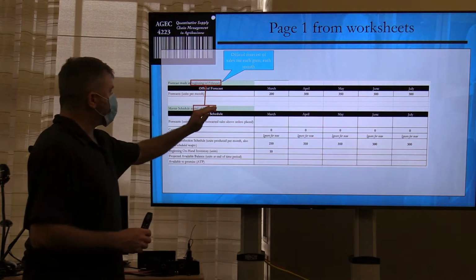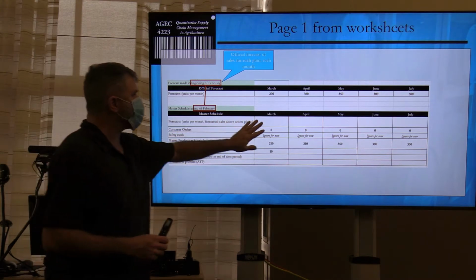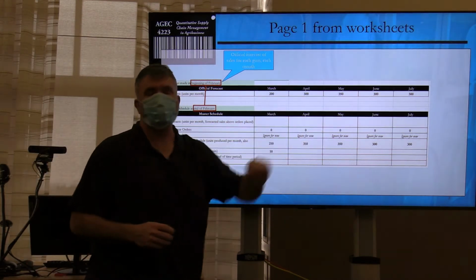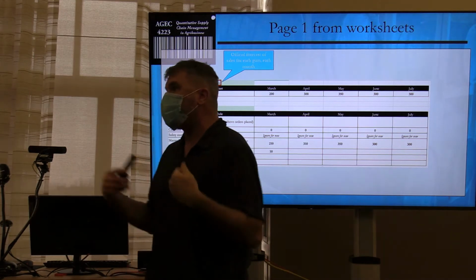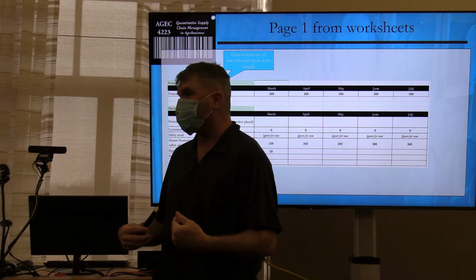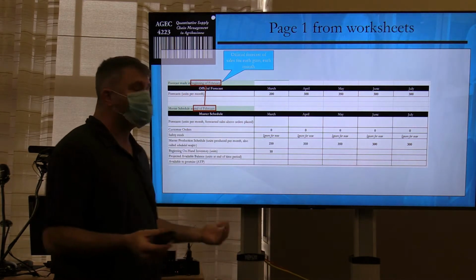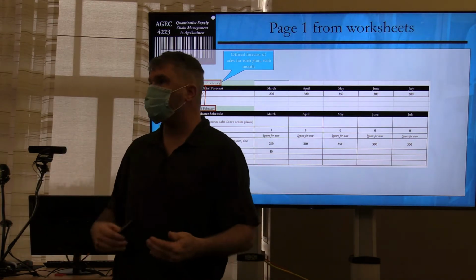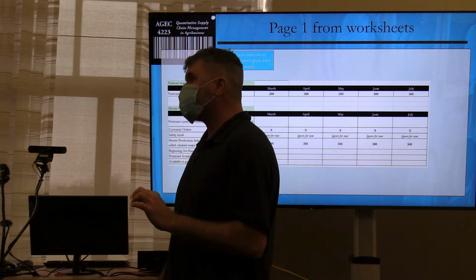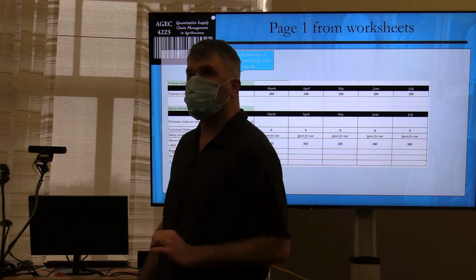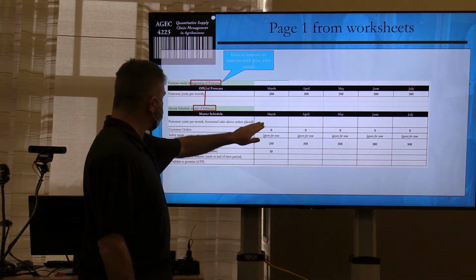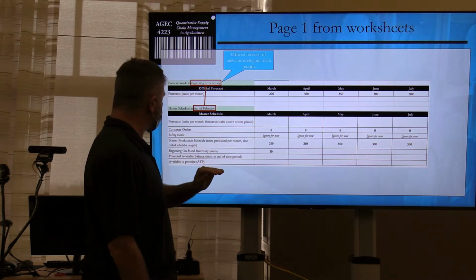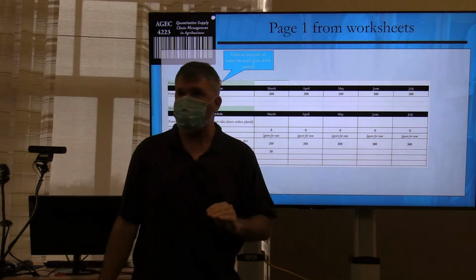You've got beginning of February and then end of February. And remember, these concern March, April, May, June, and July. By the end of February, you already may have orders coming in for these things. You said we think we'll sell 200 in March. Orders may be coming in, and we need to report those orders for reasons you'll see shortly. So we've got a line here for forecasts, and a line here for orders.